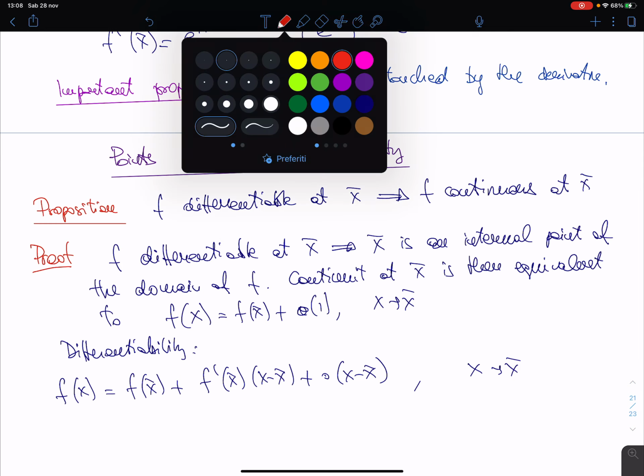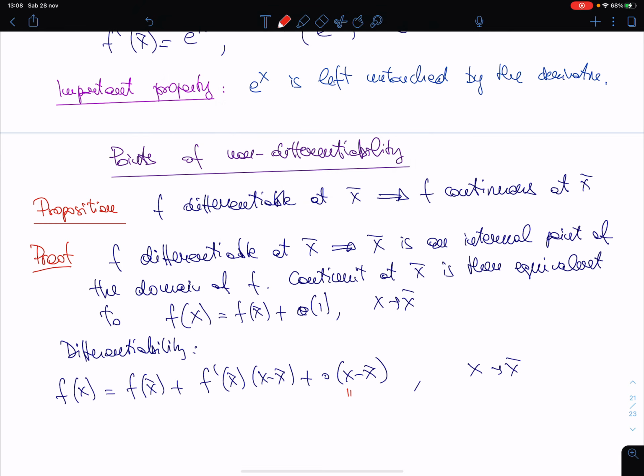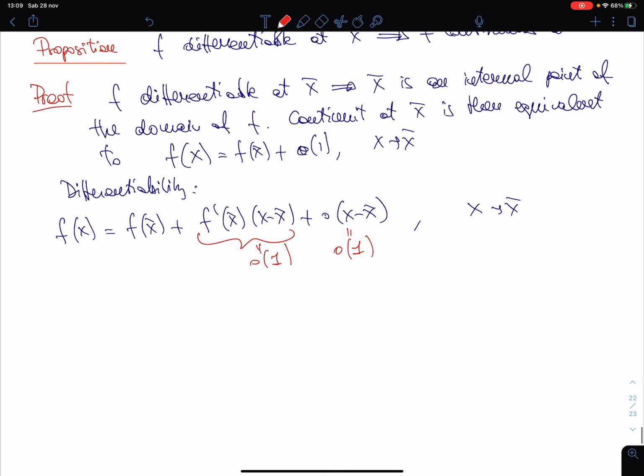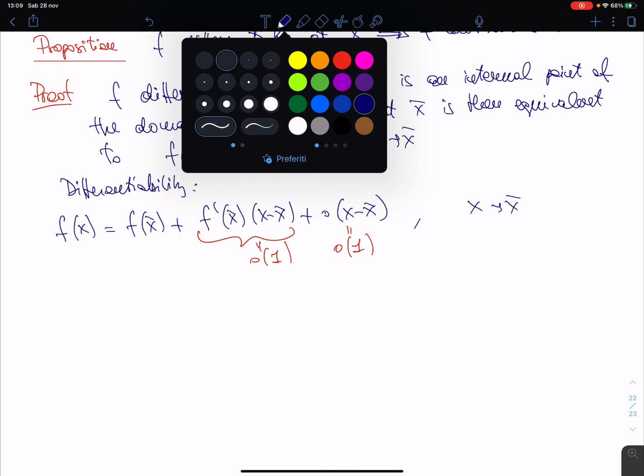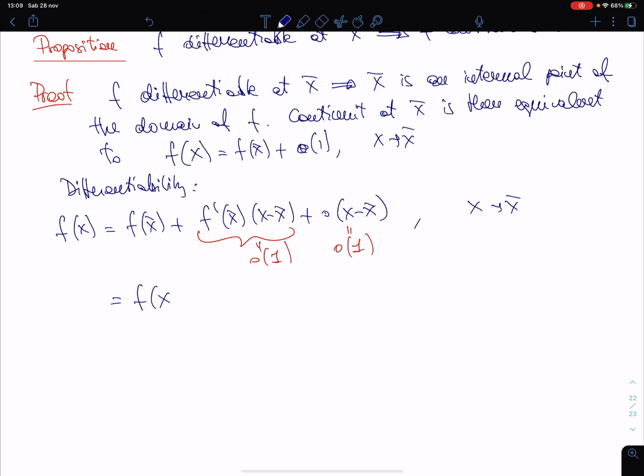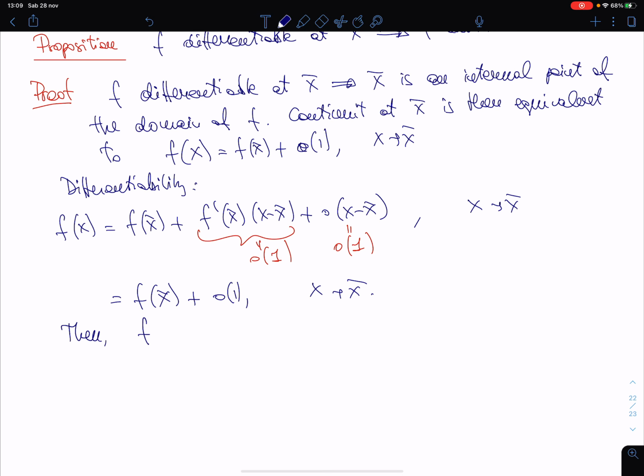But of course, if it is little-o of x minus x bar it is infinitesimal, so this is also little-o of 1, and this is little-o of 1 too. Why? Because there is the factor x minus x bar here. So immediately we have that this is equal to f of x bar plus little-o of 1 as x tends to x bar. Then f is continuous at the point x bar.